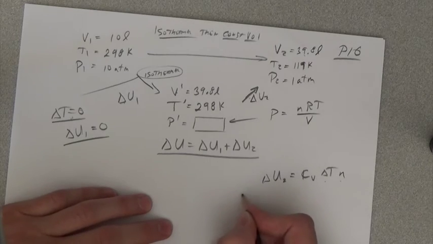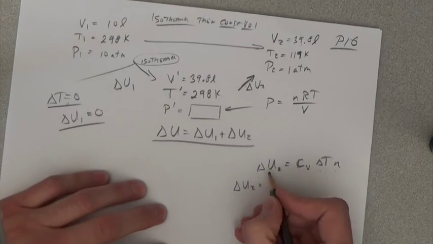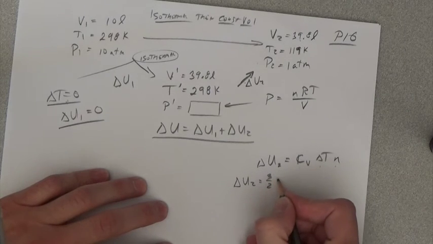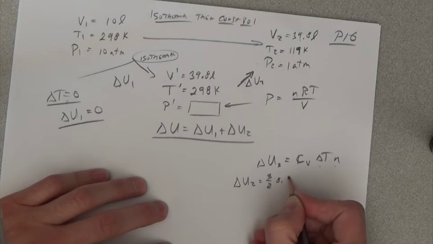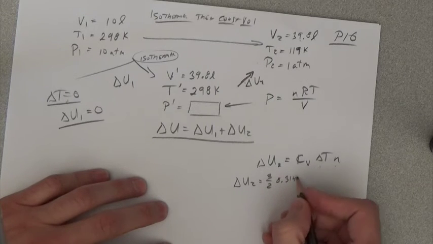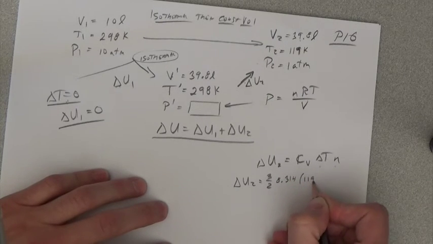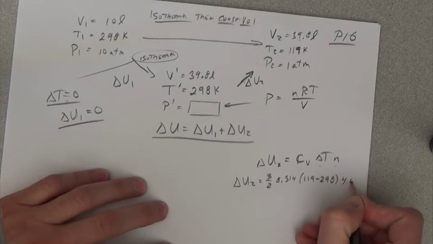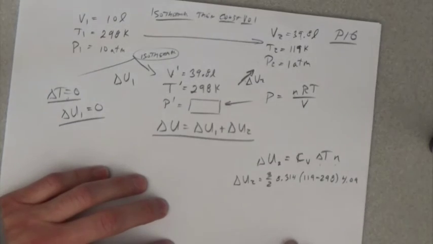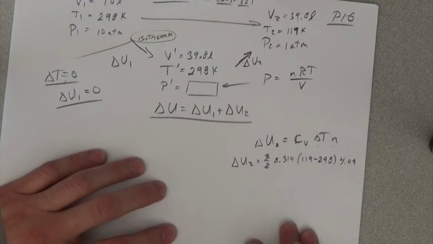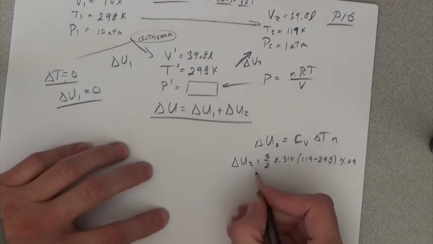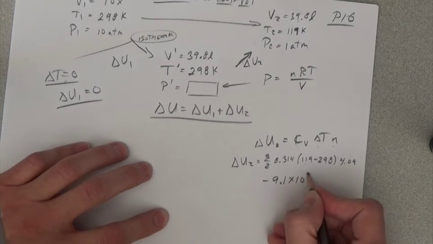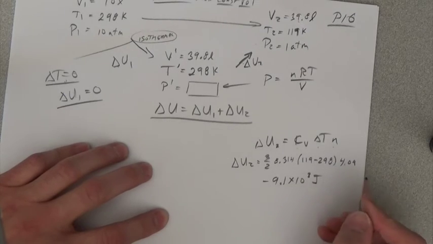So delta U2 is equal to 3/2 times 8.314 times (119 minus 298) times 4.09, or minus 9.1 times 10 to the 3 joule.